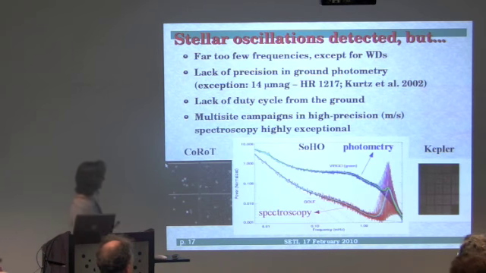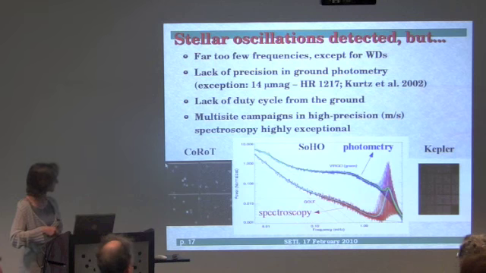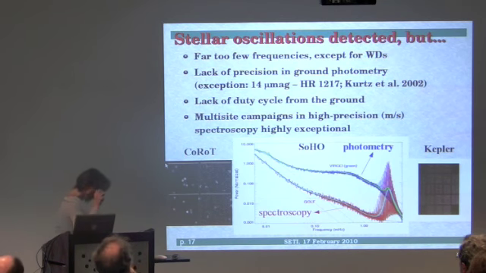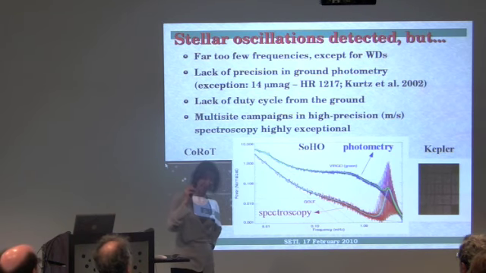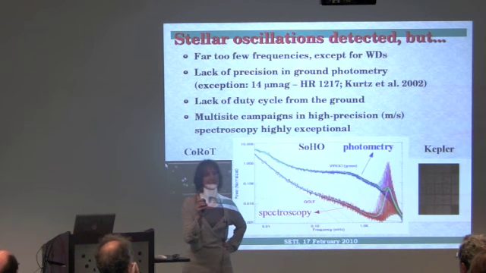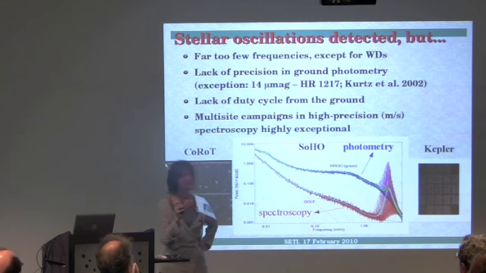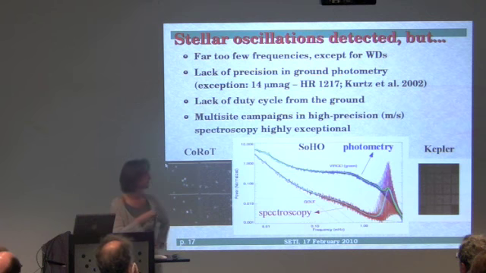So that's where the space missions come in, and I cannot resist to show you this diagram because I'm a spectroscopist and it's really giving me much more information if I could have spectroscopy. We can't do that from space, unfortunately. This is telling you why I want that.